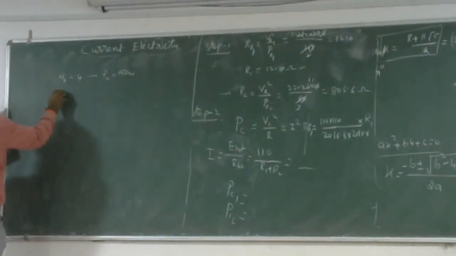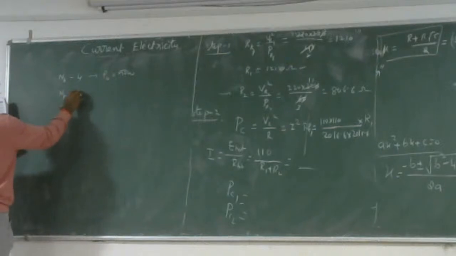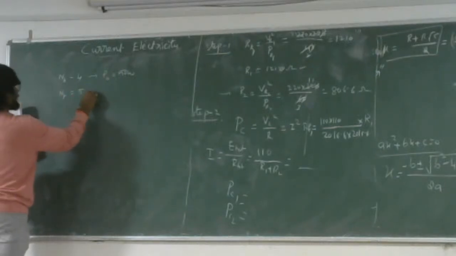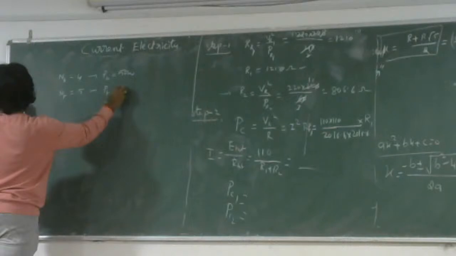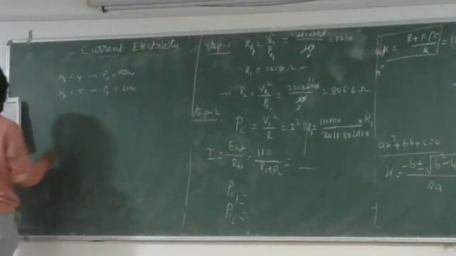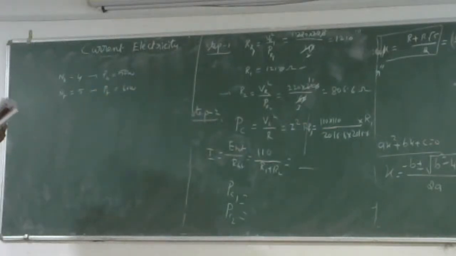And 5 fans: the number of fans is equal to 5 and the power of each fan is equal to 60 watts. They are used at the rate of 6 hours a day. The electrical energy consumed in a month of 30 days is?